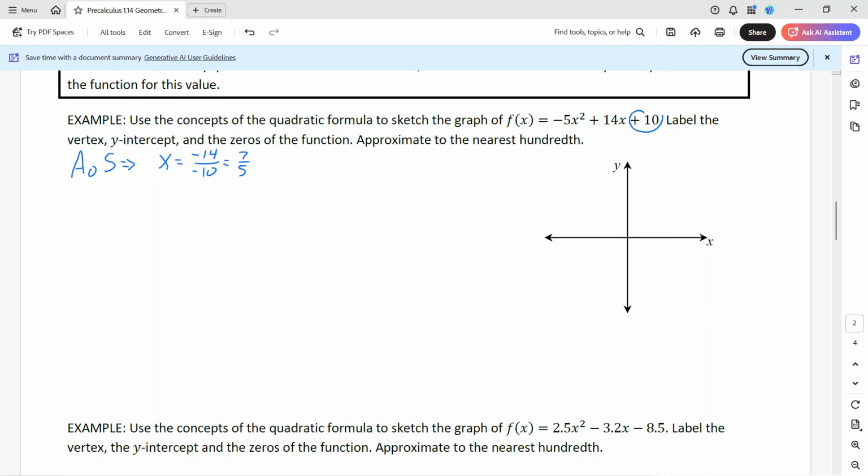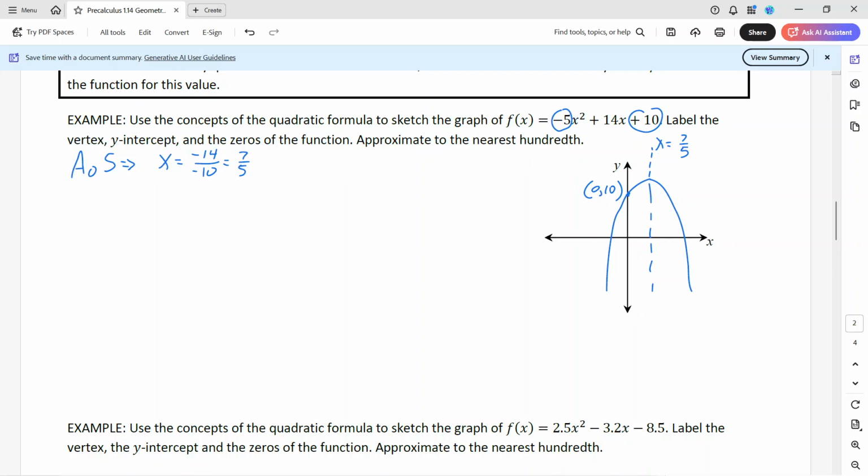I know it has an intercept at positive 10, so at 0, 10. It has an axis of symmetry over here somewhere at x equals 7/5. I know it's downward opening, so it must look something like this in order to accommodate the downward opening and to pass through that y-intercept at 0, 10.